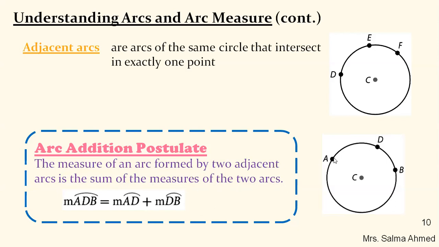So to find the measure of arc ADB, I can get arc AD plus arc BD. These two arcs I can add to get the whole arc.